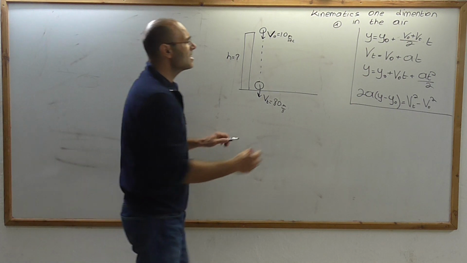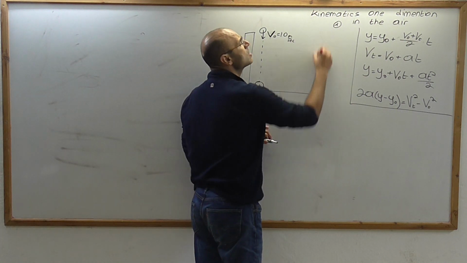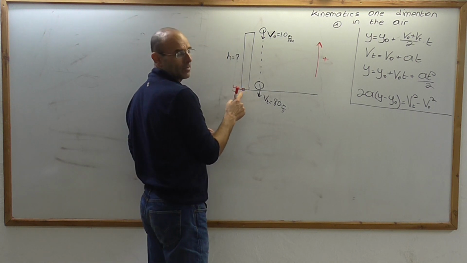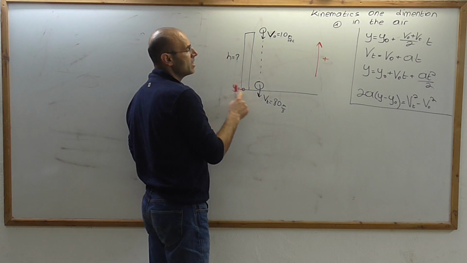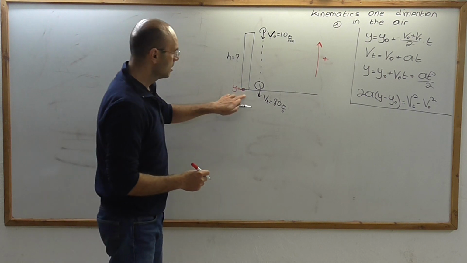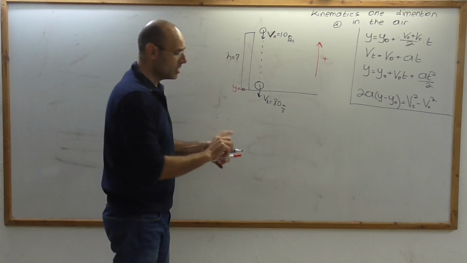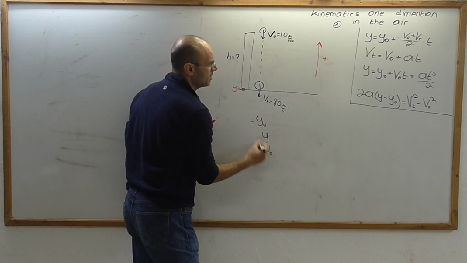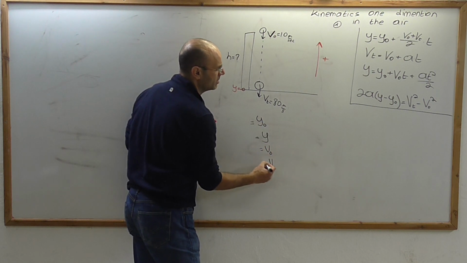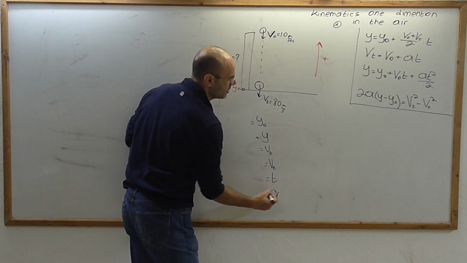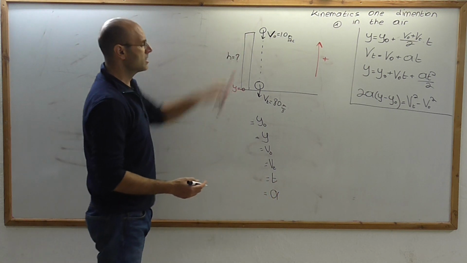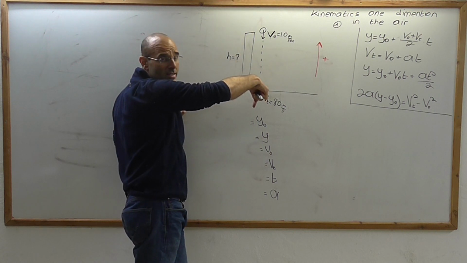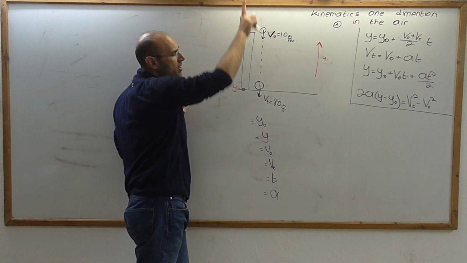Just for the exercise, now let's choose this way to be positive and this to be the origin. So this is y equals 0. Let's write our data: y, Vf, V0, V final, t, acceleration. I remind you, this direction is negative, this direction is positive.